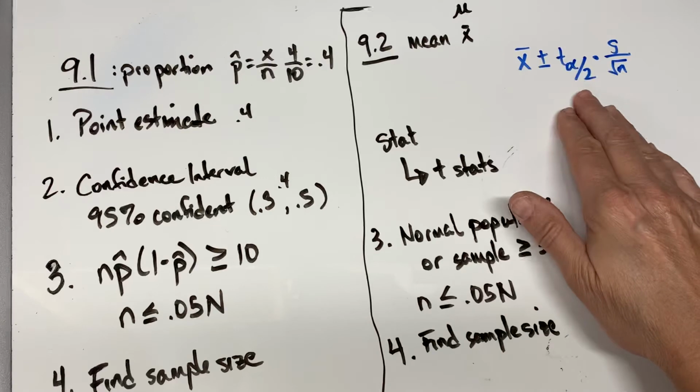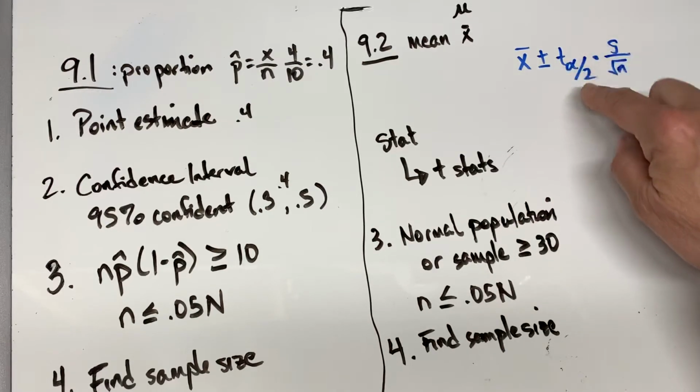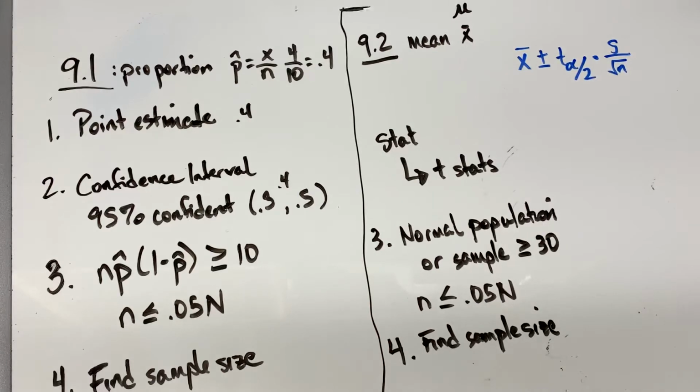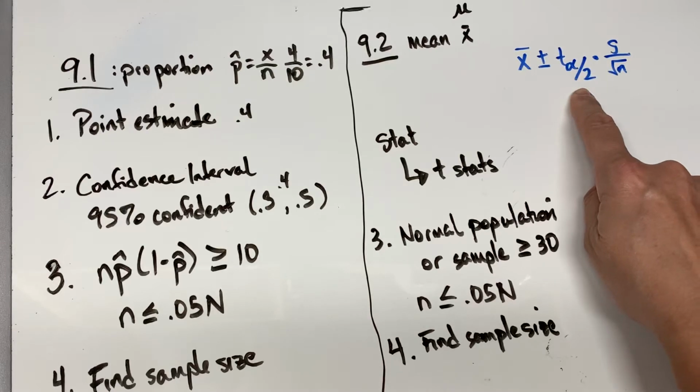But I'm pointing it out because if you were to use the formula, one of the things you would have to practice is this issue of finding the t alpha over 2. So towards the beginning of the 9.2 homework, there are going to be a couple questions that are making you find that t alpha over 2. And what you'll use is, these are called t values.